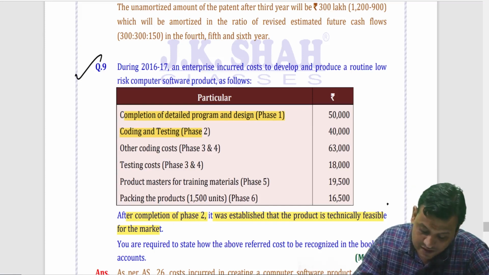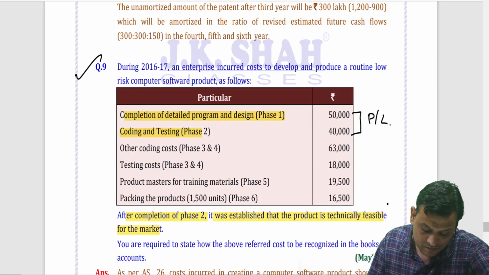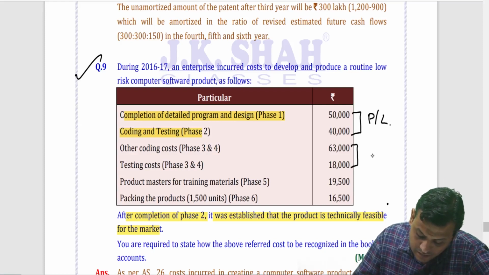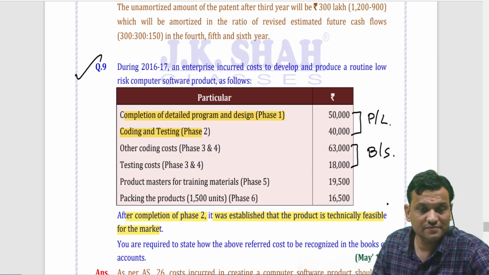So both these expenses, 50,000 as well as 40,000, will be debited to profit or loss. Other coding cost and testing cost, they will be capitalized, means they will be shown as an intangible asset.